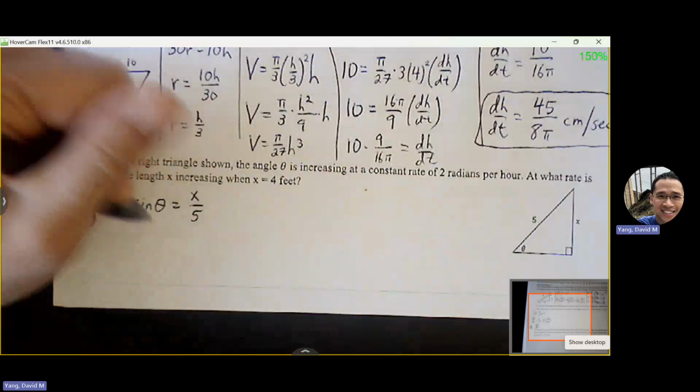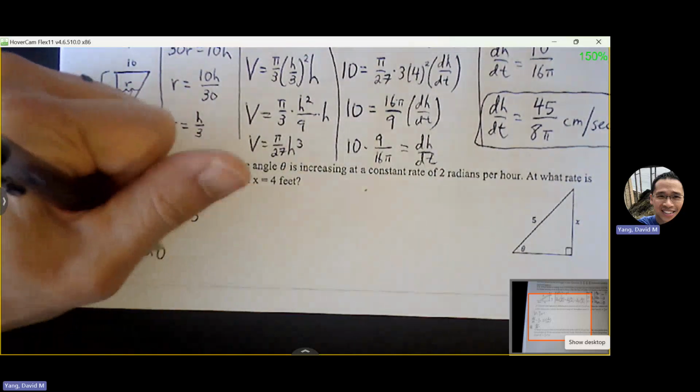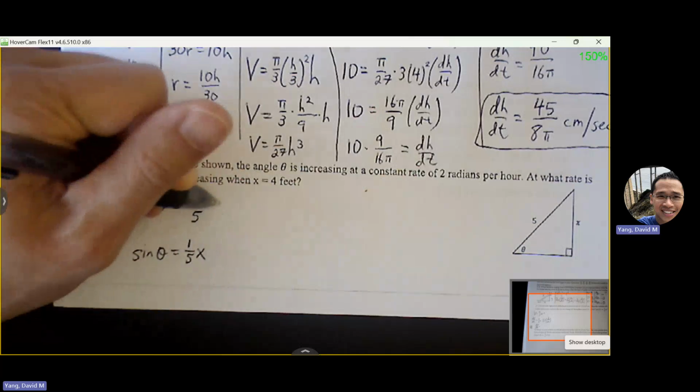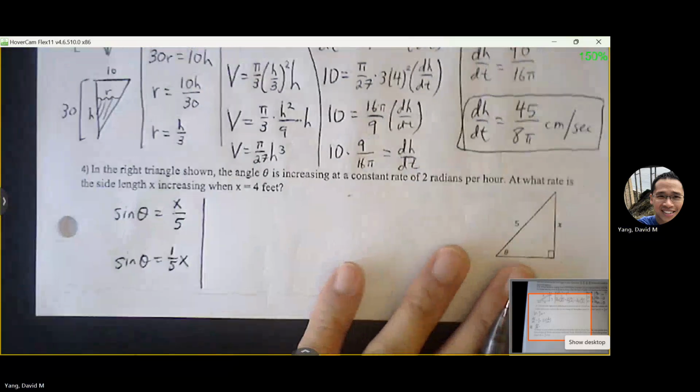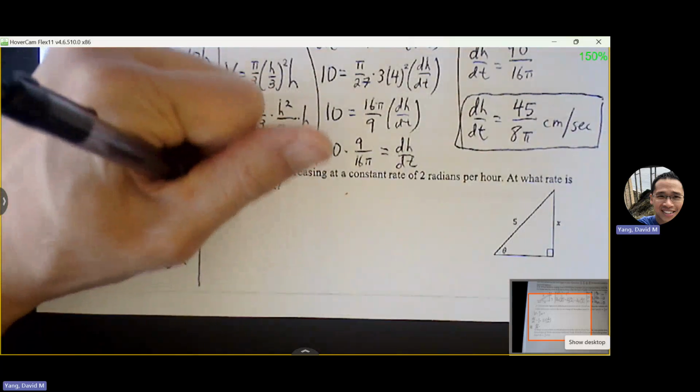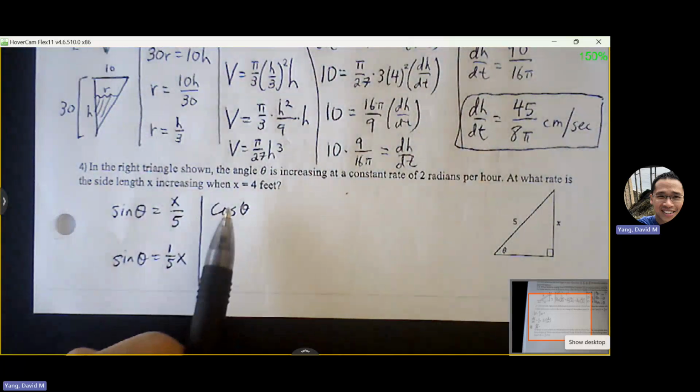Okay. We can find the derivative, but let me rewrite this as sine of theta equals 1/5 x if it helps us to see power rule a little bit better on the right side. So let's find the derivative. Every variable gets impacted by time. So sine of theta becomes what? What's sine's derivative? Cosine. So cosine theta. But this is related rates, so we need to also include what?